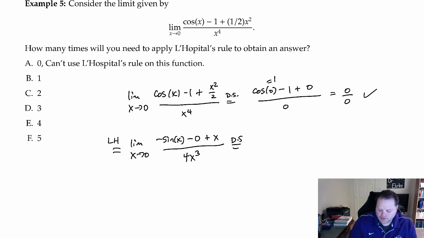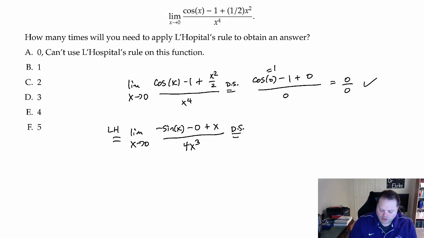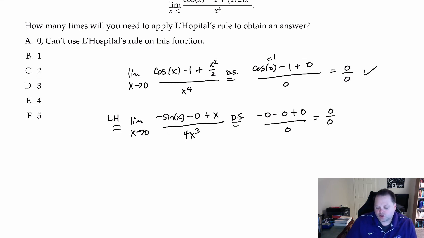So if I directly substitute in here, plugging in 0, I get minus 0 plus 0 over 0. Looks like a bunch of zeros to me. It's still the correct form where if I wanted to do L'Hopital's again, I could. It's still 0 over 0, or infinity over infinity, so I can apply L'Hopital's rule again.